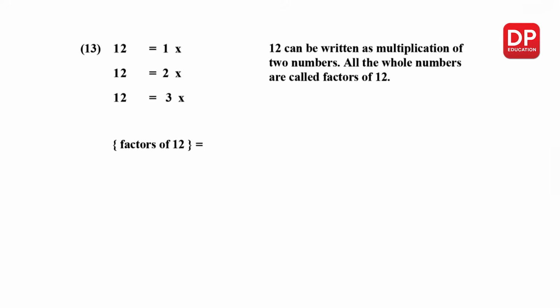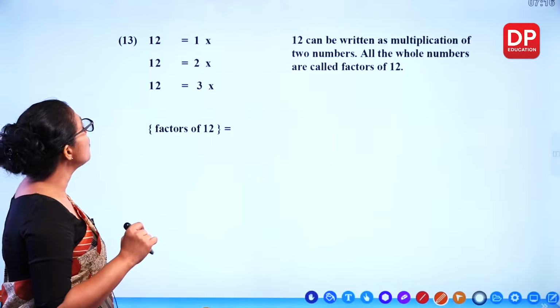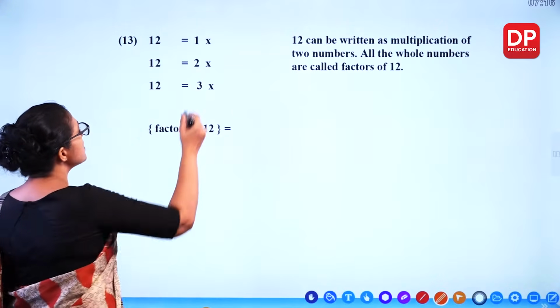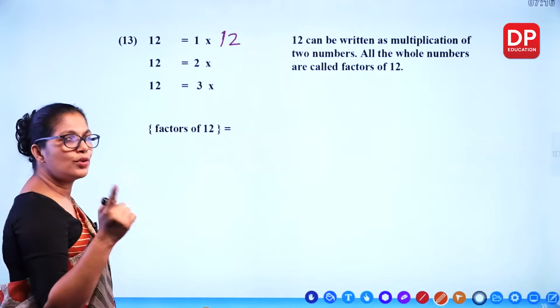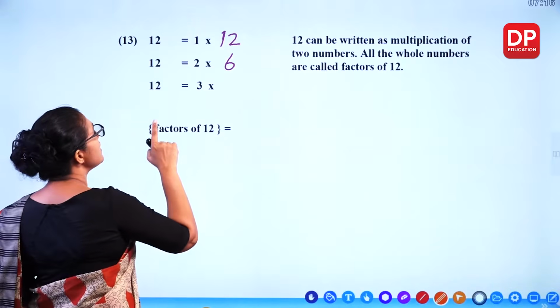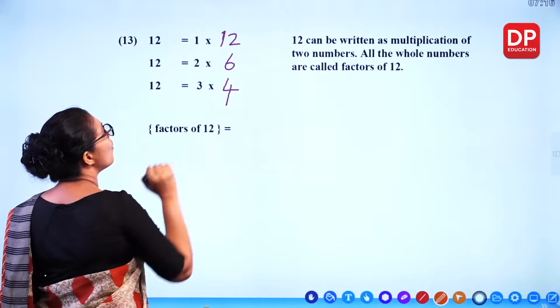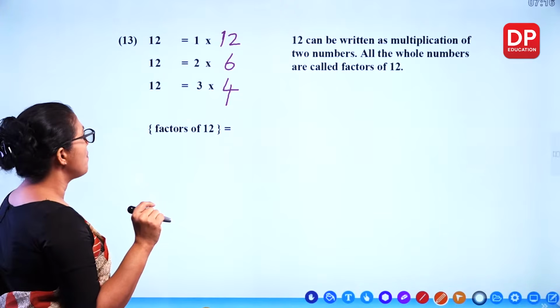Look at this number 12. We'll find out what the factors are. We know 12 we can write as 1 times 12. If we take 2, 2 times 6, 3 times 4. So 12 can be written as multiplication of 2 numbers.